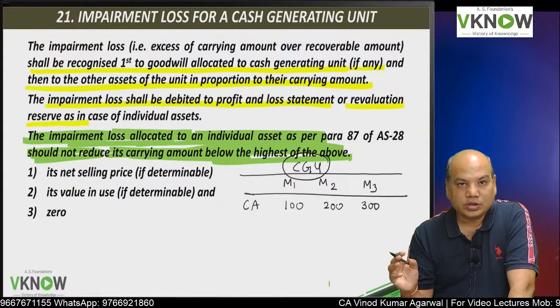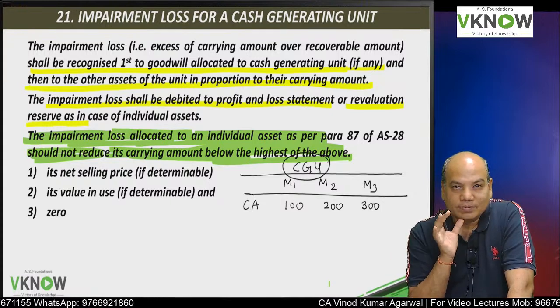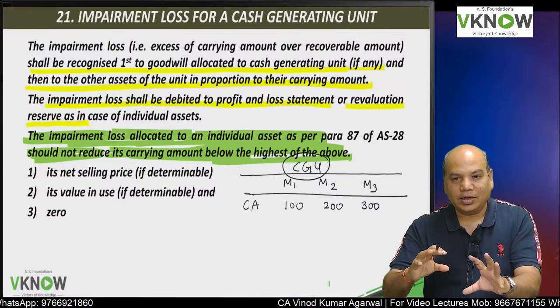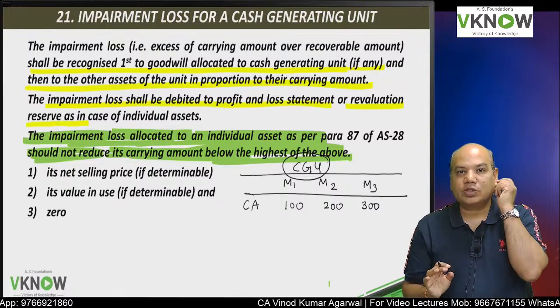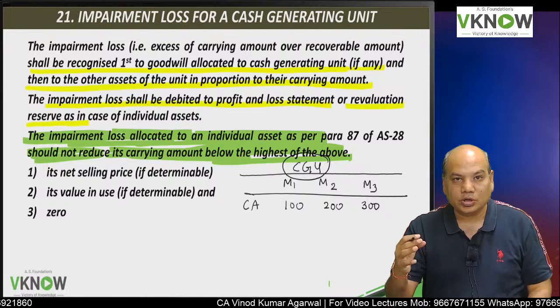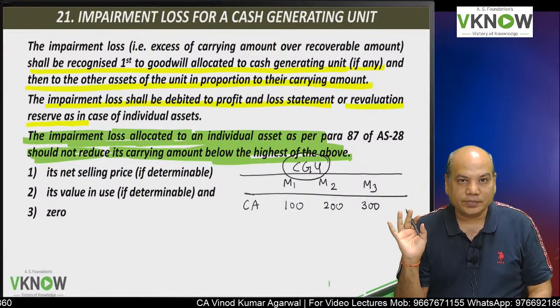The CGU was tested for impairment and the impairment loss of the CGU was, suppose, 60.